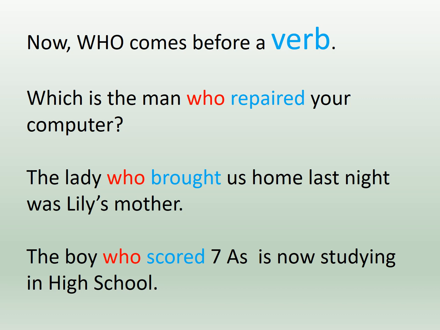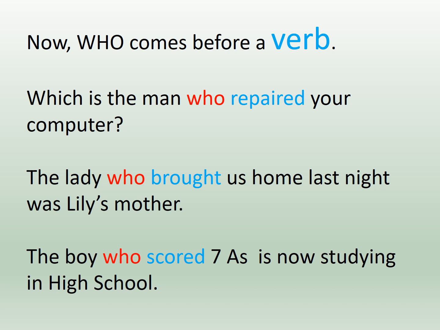Now, who comes before a verb. For example, which is the man who repaired your computer? The lady who brought us home last night was Lily's mother. The boy who scored 7 As is now studying in high school.